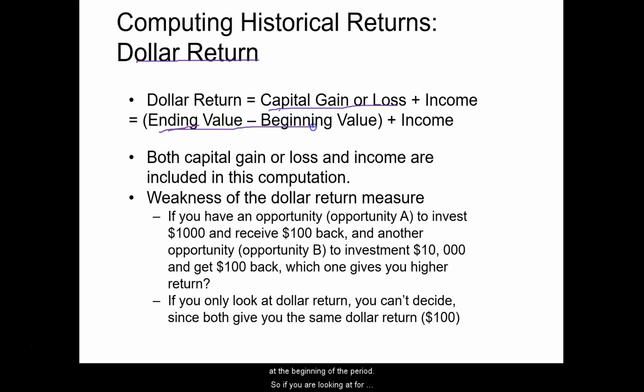So if you are looking at, for example, Amazon stock, let's just say if a year ago you bought Amazon stock at $1,500 per share, and today it was about $2,000. So the beginning value is the $1,500 that you bought Amazon stock at, and the ending value is today's price, which is the $2,000. So if you bought it before and you want to sell it today, you can make a $500 profit per share.